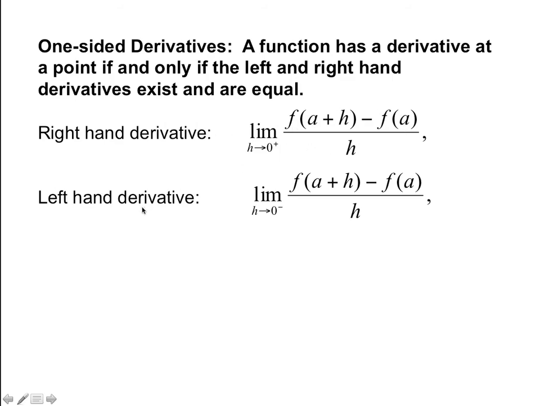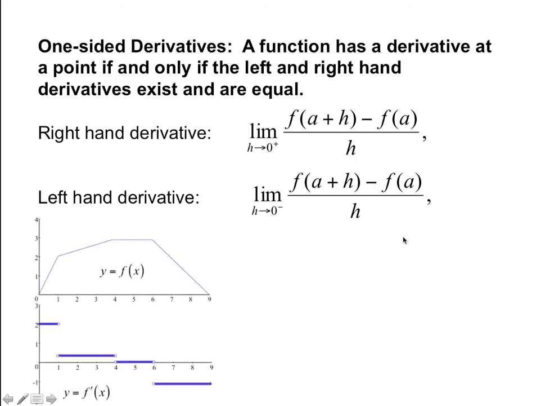And likewise, I'm going to have a derivative at the left endpoint if again, I have that dot that's filled in. So if we go back to this picture, these are filled in dots at 0 and 9. So I have a derivative at 0 of 2, which is the same as the line that's connected to that point. And I have a derivative at 9 of -1, which is the same value as the derivative of the line connected to that point.